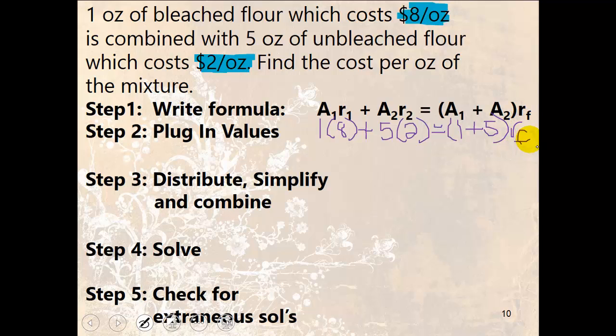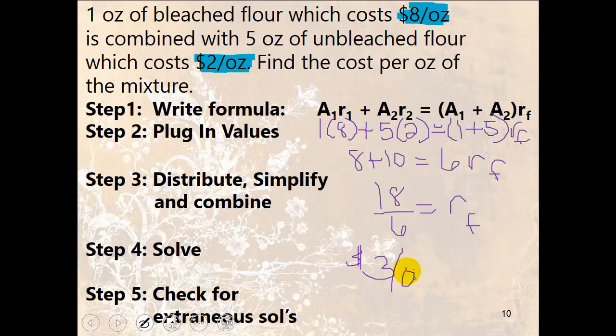So I get 8 plus 10 is equal to 6 RF. 18 divided by 6 is equal to RF. So my final cost per ounce when I blend those two together in that combination is $3 per ounce.